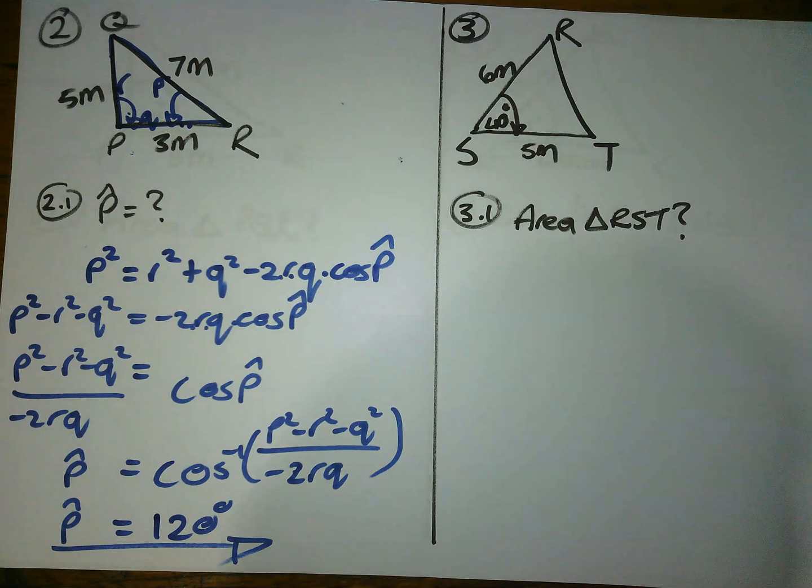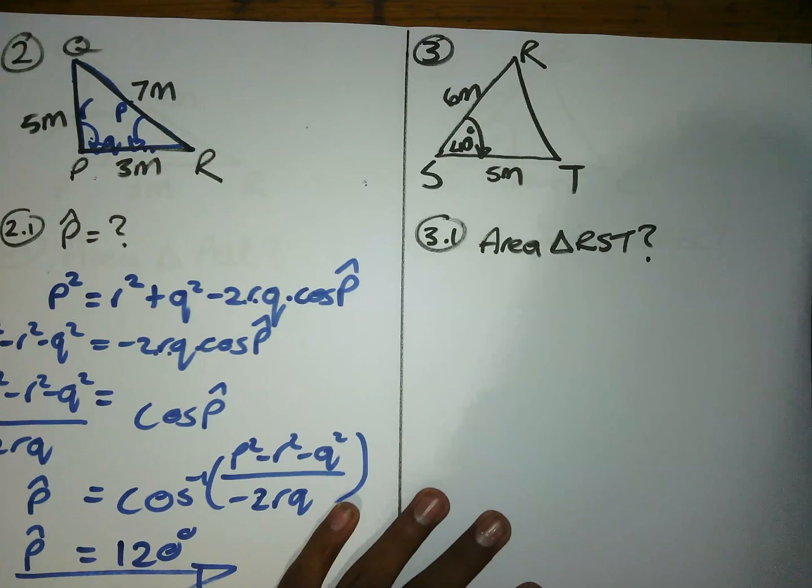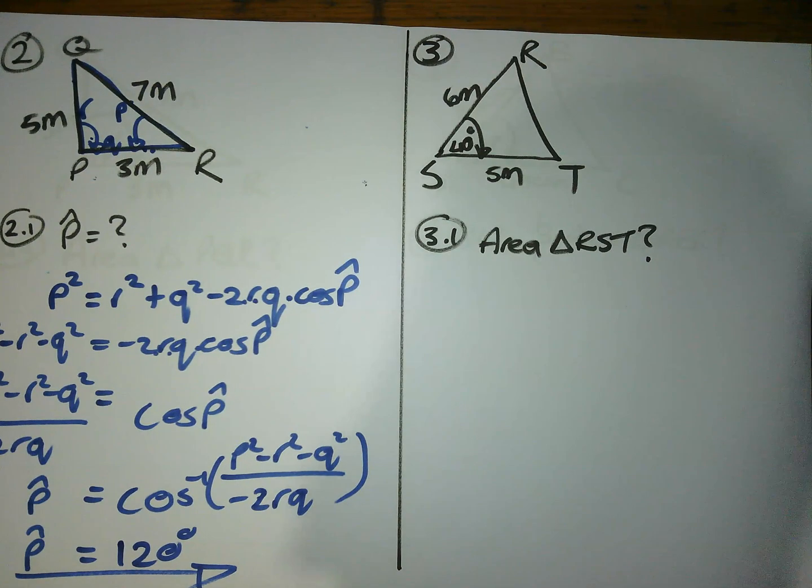Now we need the next one. Introducing the area rule. You'll notice it's the same triangles. This is just building slowly. So, area. We need the area of this triangle. What does the formula say?